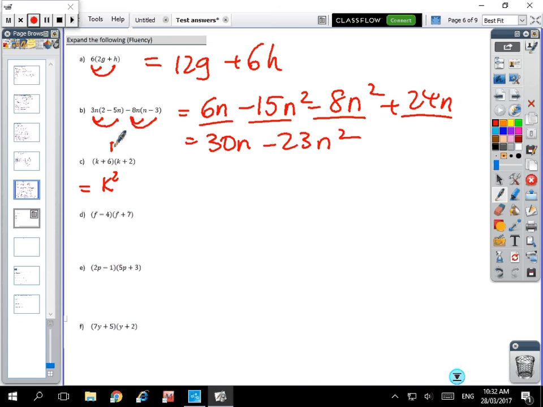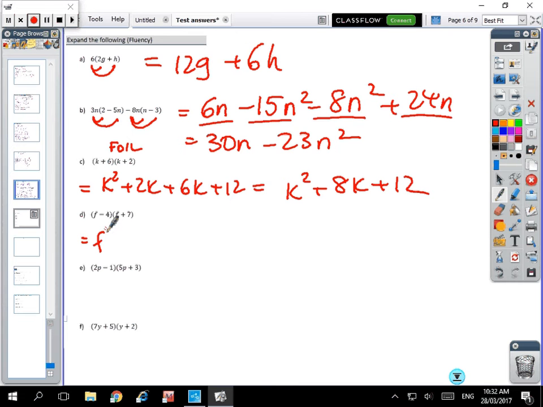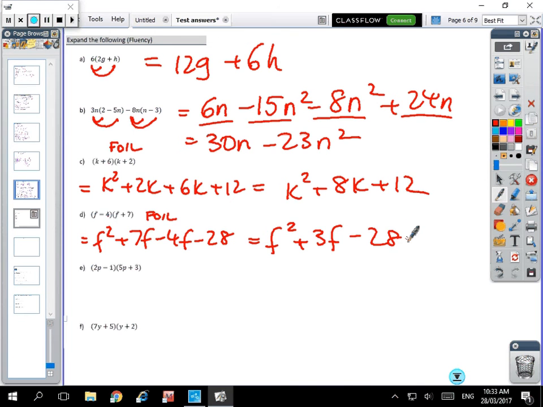Okay, these are just binomial expansions. So FOIL: k squared plus 2k plus 6k plus 12 is k squared plus 8k plus 12. Next one, f squared plus 7f minus 4f minus 28, just using FOIL again, equals f squared plus 3f minus 28.